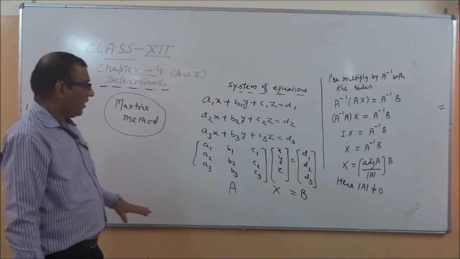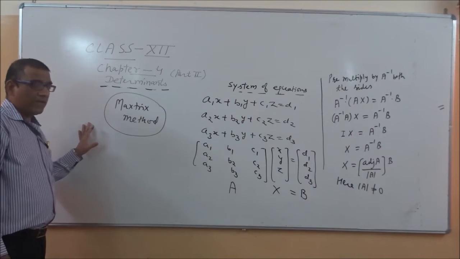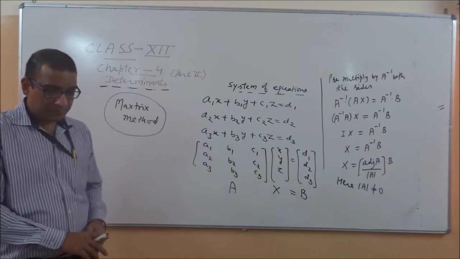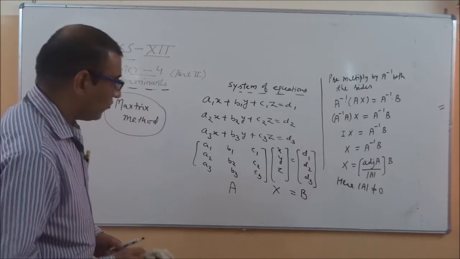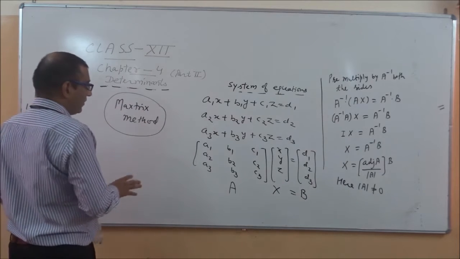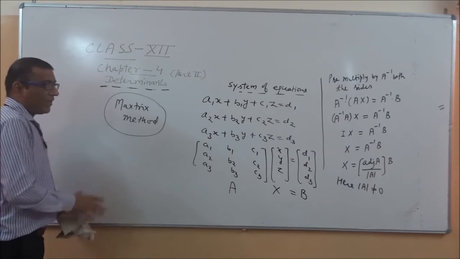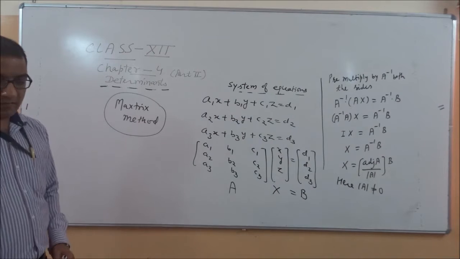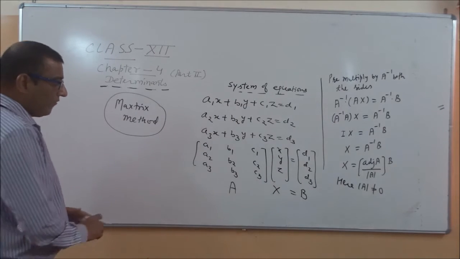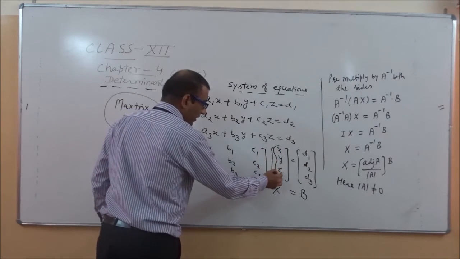So this is the concept known as the matrix method. Now I am telling one question related to the matrix method: how can we identify the values of the variables x, y, z?